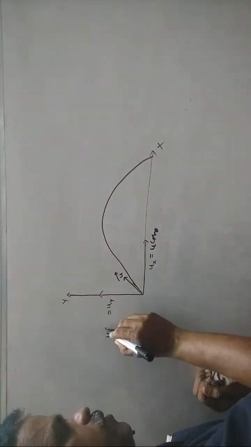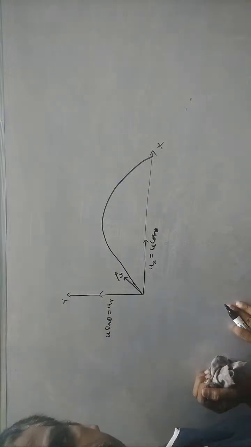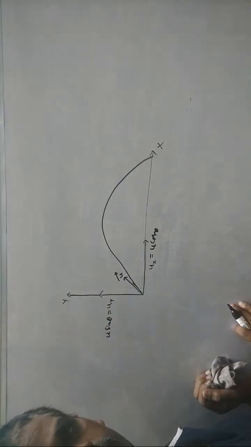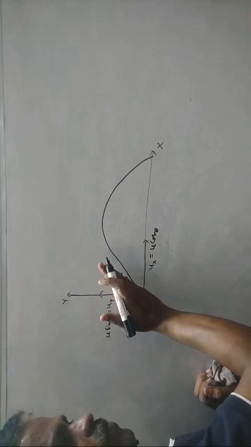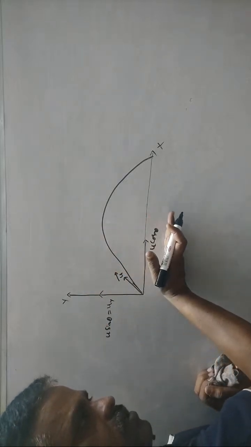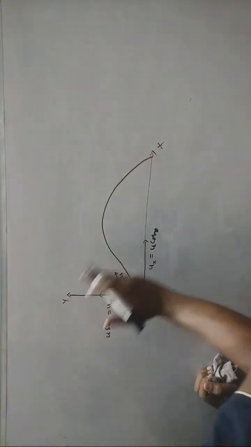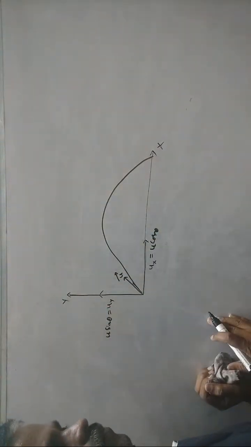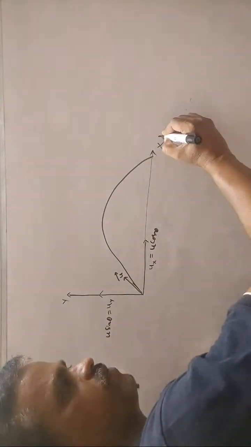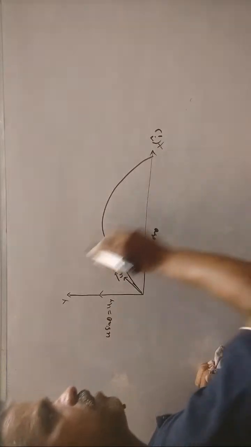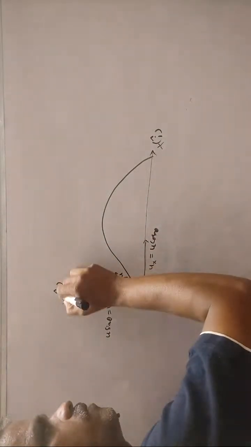Uy is nothing but u sin theta. This is the velocity vector. You should remember, along the x-axis the unit vector is i cap, along the y-axis the unit vector is j cap.